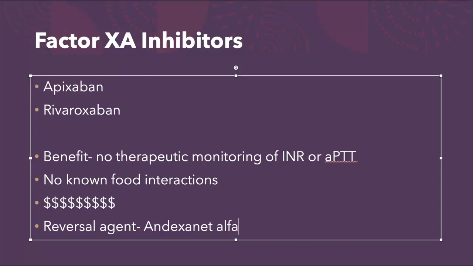Now, they do still need to have their CBC monitored periodically to make sure they're not bleeding, and they will often have their creatinine monitored. But no food interactions, no INR, PTT monitoring. But the problem with these medications is the cost. They are very expensive, and so not all patients can afford to be on these medications.